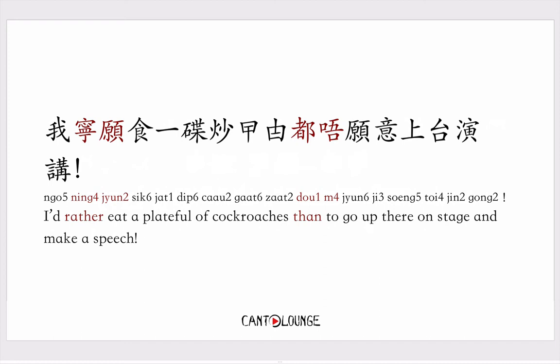So if you were forced to go up on stage to speak, imagine you're in university and someone has to do it and you are one of these candidates, you might say something like 我寧願食一碟炒曱甴都唔願意上台演講. So 我寧願 would rather, 食一碟 to eat a plateful of, 炒曱甴 fried cockroaches.